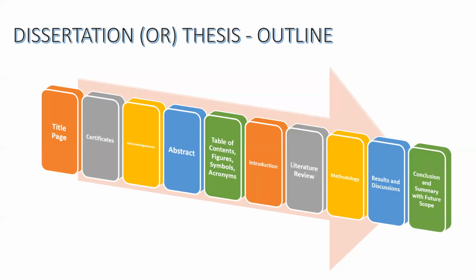Later, we can have the last stage, but not the least, the conclusion and summary along with the future scope. While we are writing the conclusion, we should keep in mind whatever we have mentioned in the abstract, because the conclusion is the closing bracket of the entire research work, and a clear summary of what has been carried out with respect to the problem we have taken.